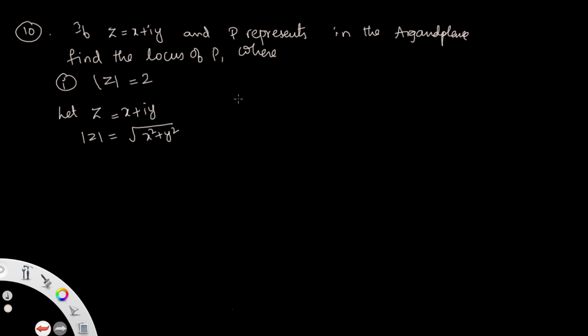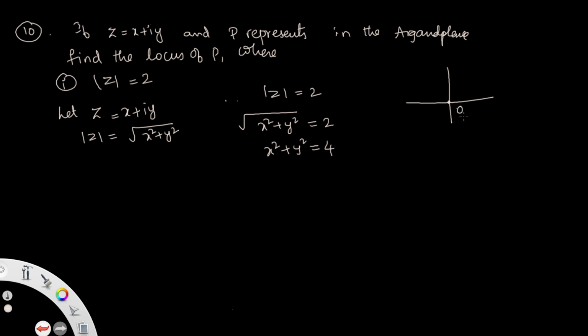So mod z equals 2 gives root of x square plus y square equals 2. To eliminate the root, square both sides, then x square plus y square equals 4.